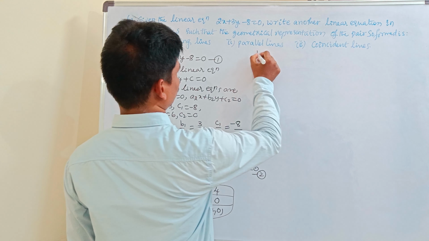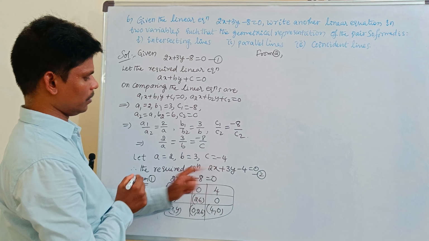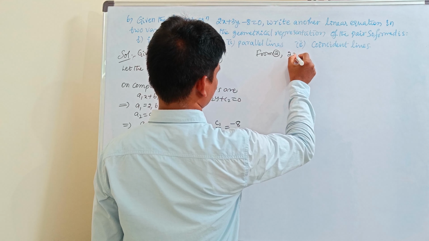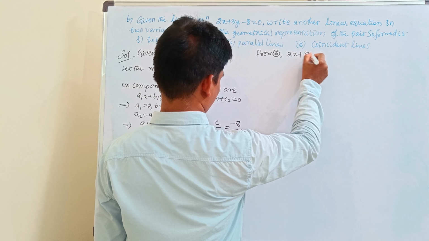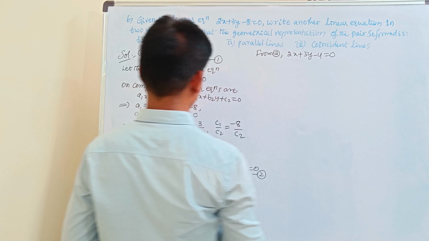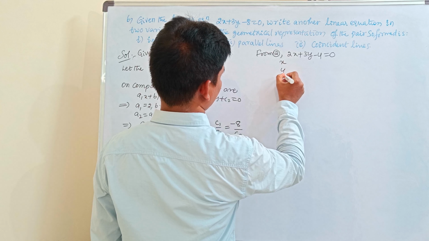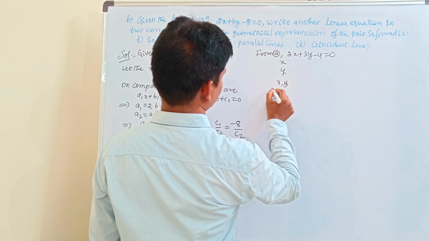And next from 2, what is your equation? 2x plus 3y minus 4 equal to 0. So here the solutions x, y.